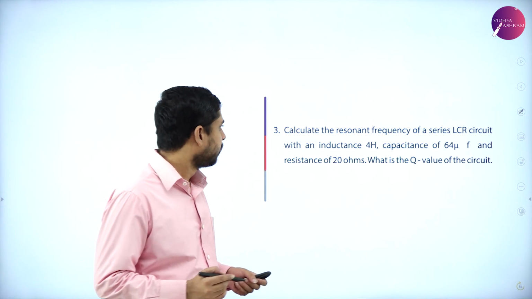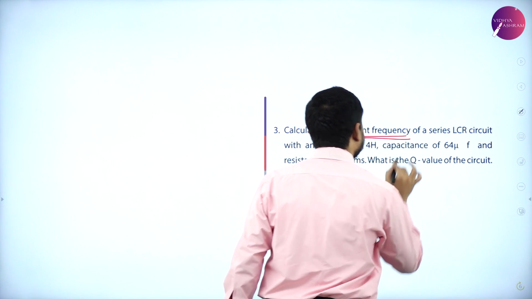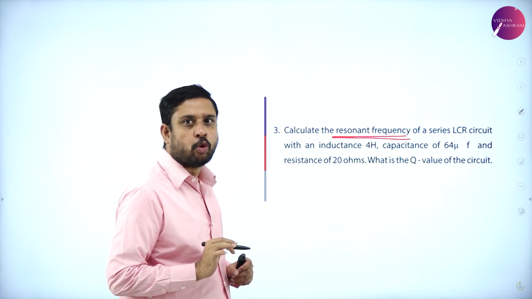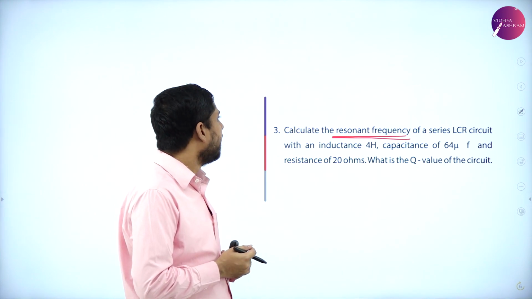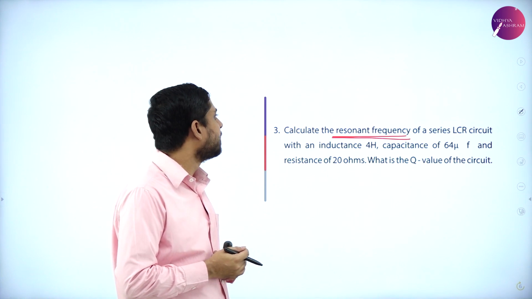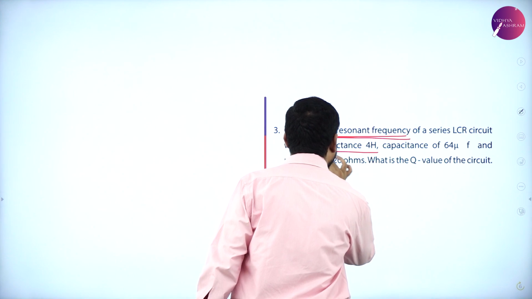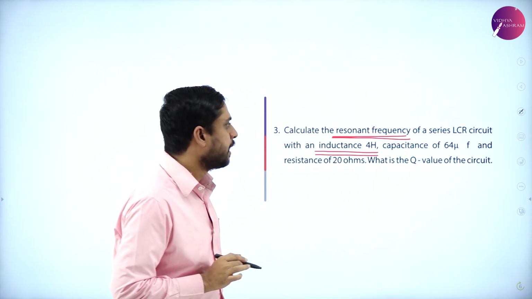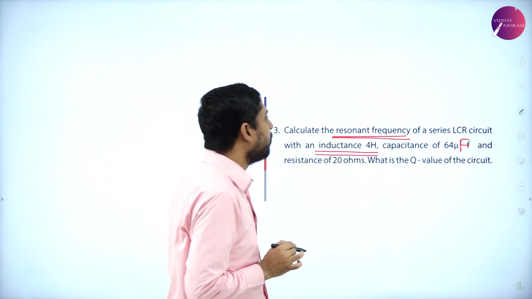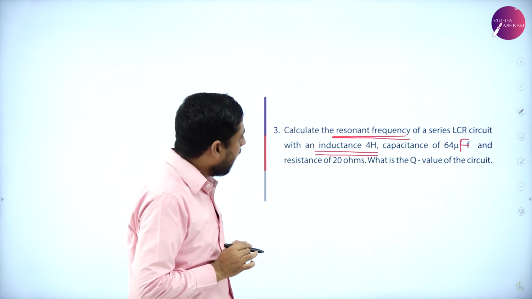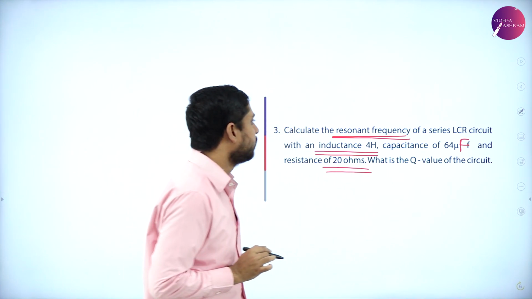Again, very simple. Calculate the resonant frequency of a series LCR AC circuit with an inductance of 4 Henry, capacitance 64 microfarad and resistance 20 ohms.